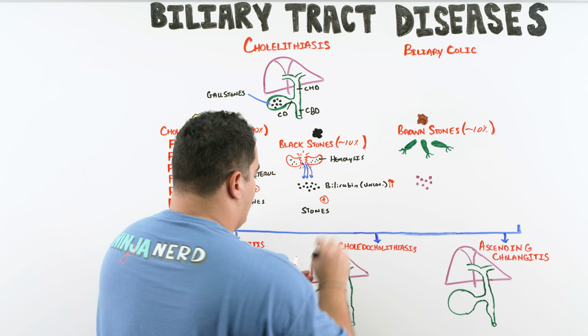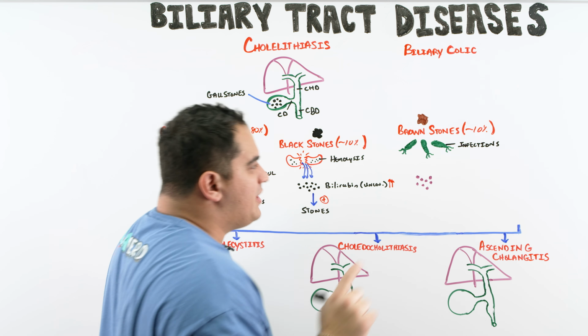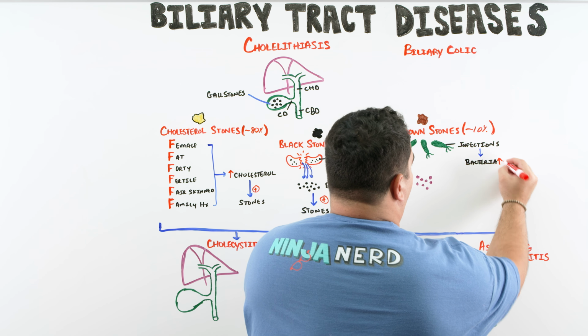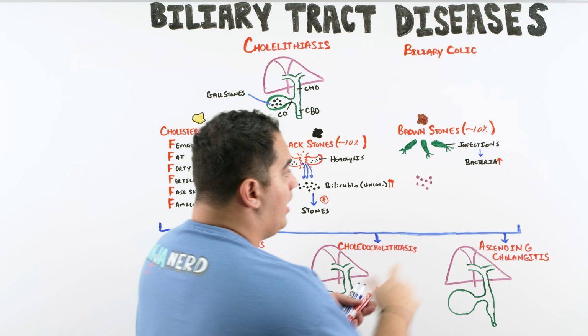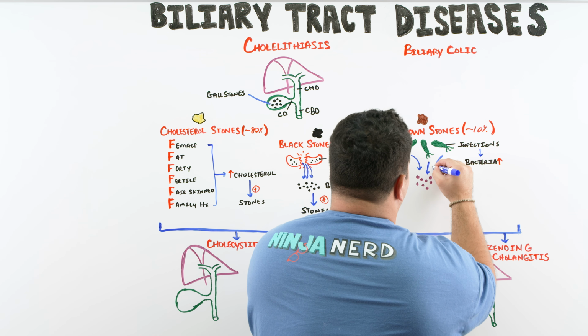And then the last one is brown stones. These are infected pigmented stones. I just kind of gave away the answer. You'll see this in patients who have infections. When you have infections, you increase the amount of bacteria that may be connected to the biliary tree, and these bacteria release a lot of bacterial enzymes.